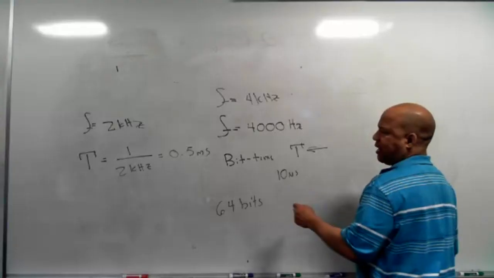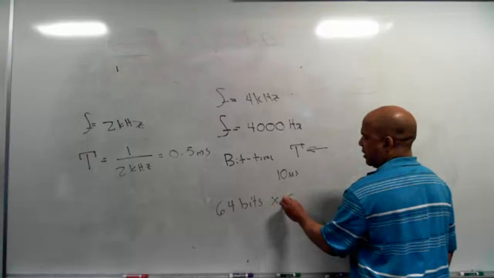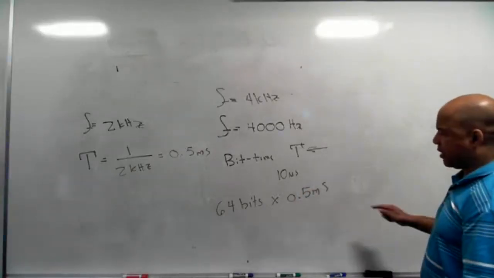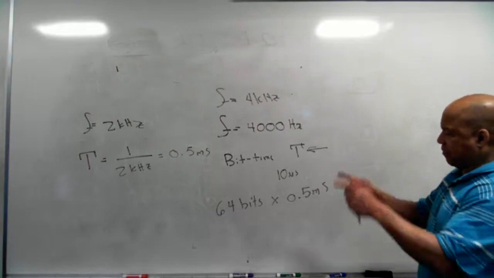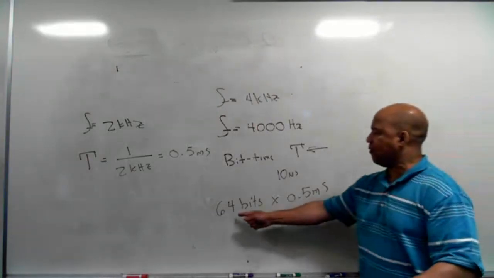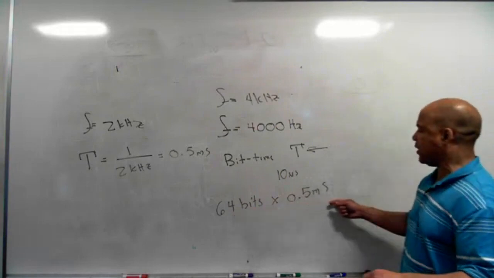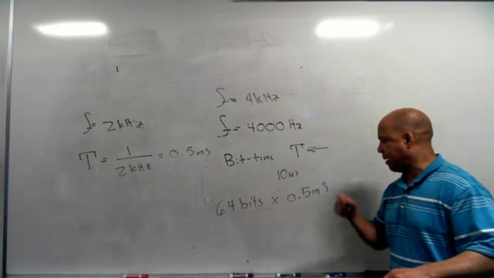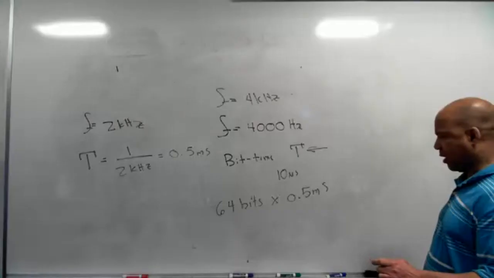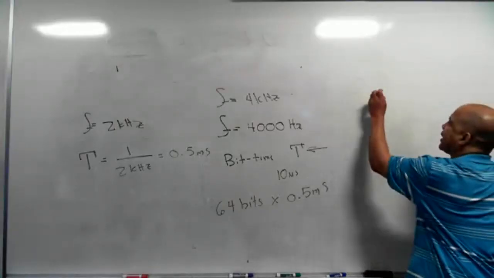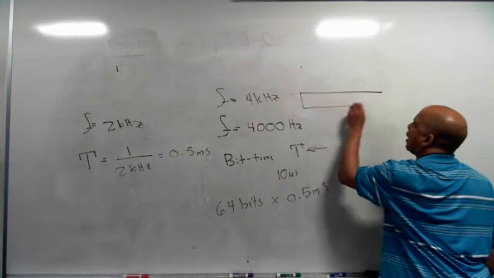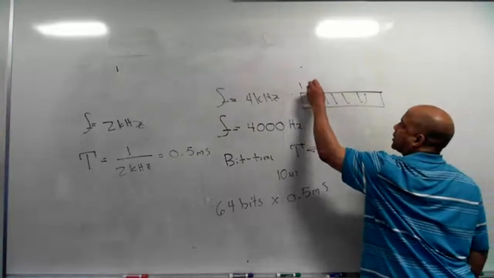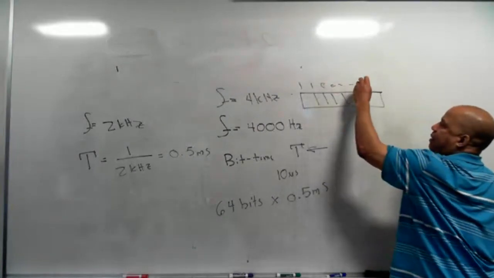And then if I'm transferring 64 bits in serial fashion, that means it's going to take 0.5 milliseconds times 64, because the bit time defines 1 bit. So it'll be 64 times the 0.5, or 32 milliseconds. In parallel, I've got all 64 bits, whatever they are.